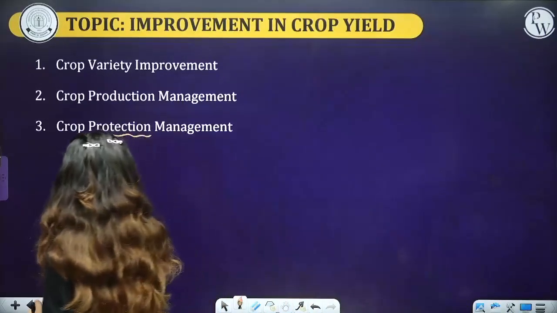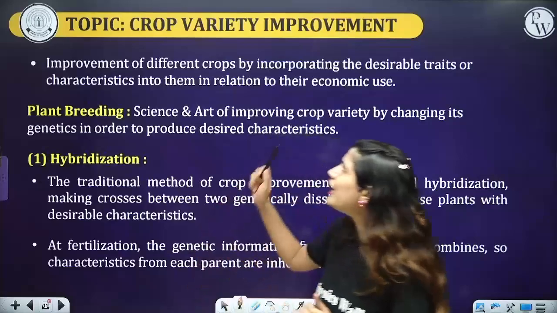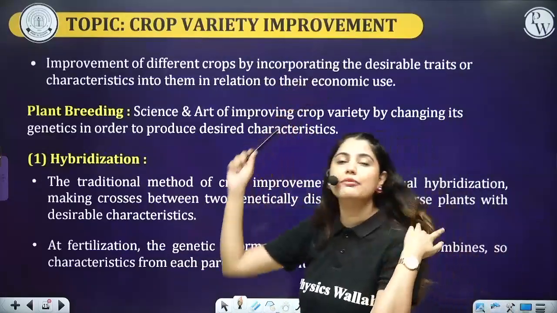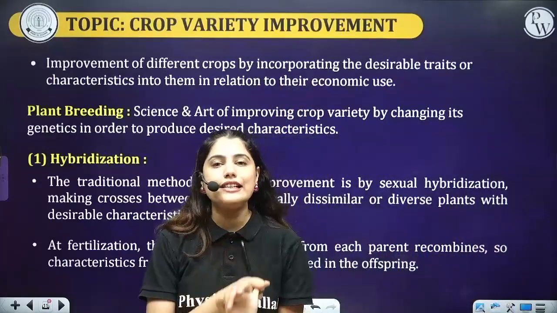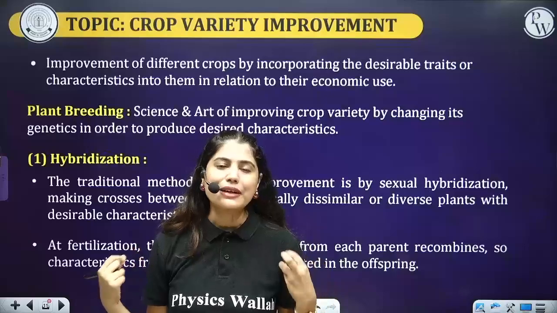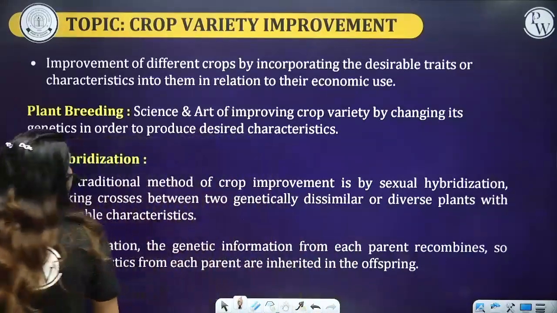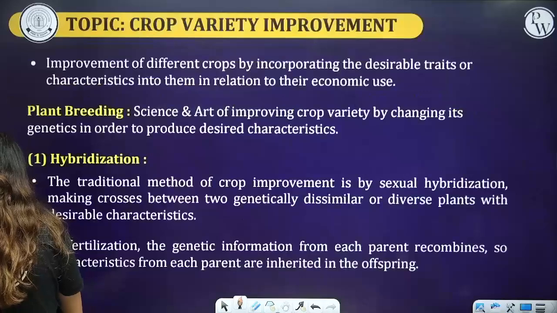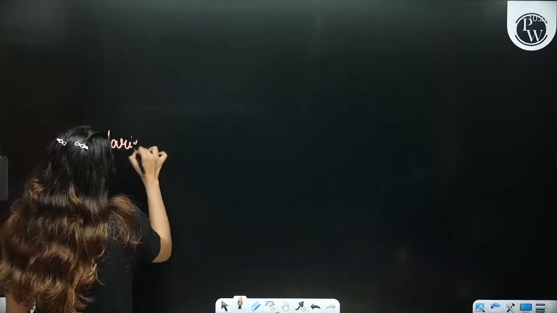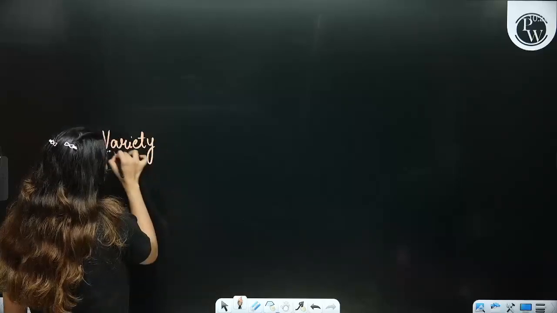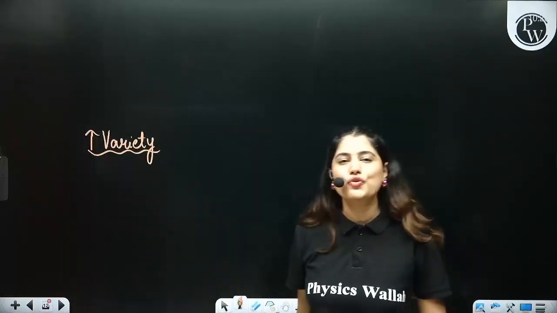Let's get started, everyone. The very first thing is crop variety improvement. Now we are improving the variety. How will we be improving the variety? What sort of variety do we need?